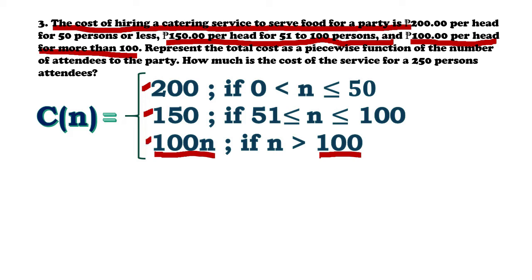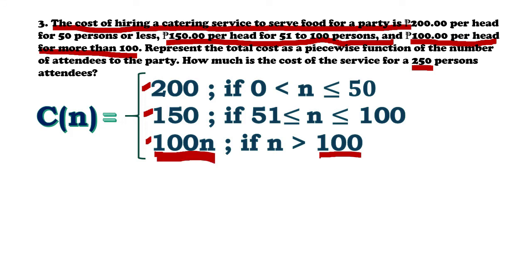Okay, the question is, how much is the cost of the service for 250 attendees? So according to this, if n is greater than 100, since we are going to find the cost of the catering service for 250 persons and 250 is greater than 100, therefore we are going to use this function.